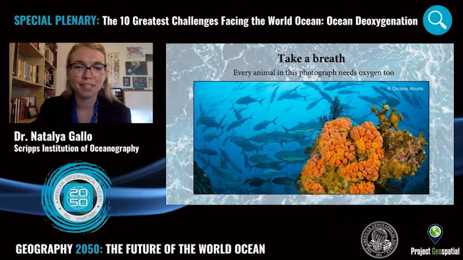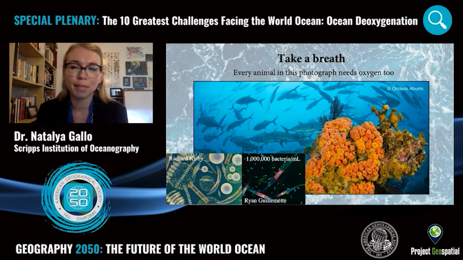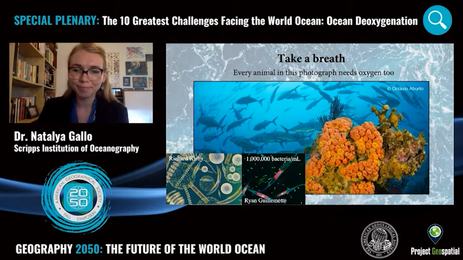Beyond the animals you can see with the naked eye, if we took a drop of seawater and put it under a microscope, we would see millions of microscopic organisms, phytoplankton and bacteria. The vast majority of all of these microscopic organisms also need oxygen to thrive and perform their roles in the ecosystem. As you can see, the ocean is filled with organisms that need oxygen.